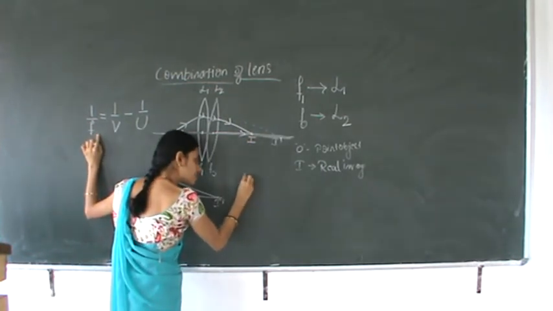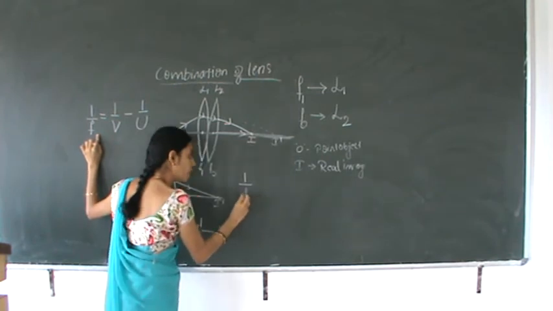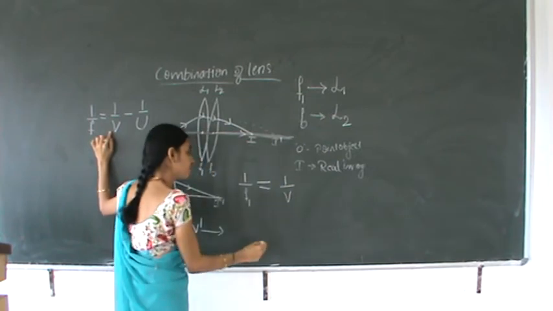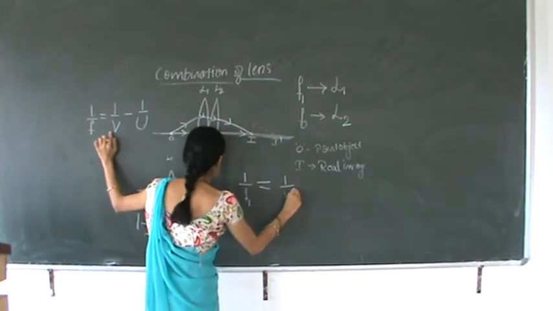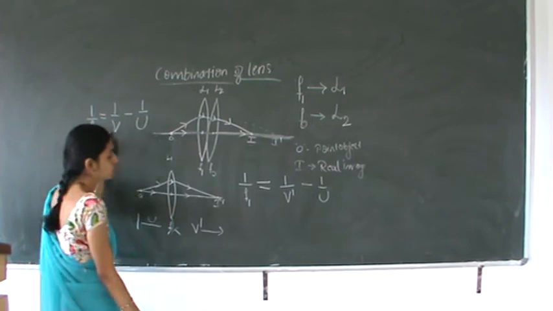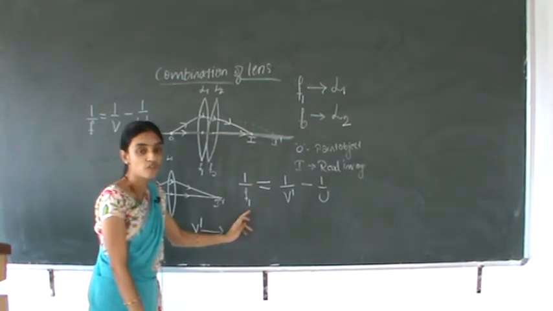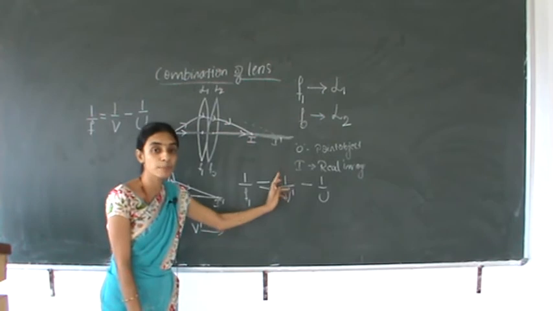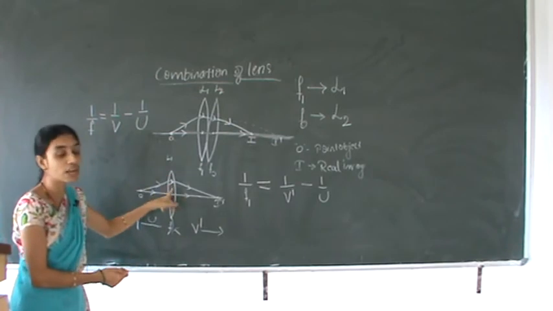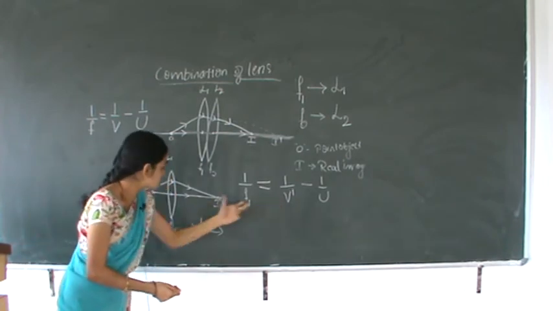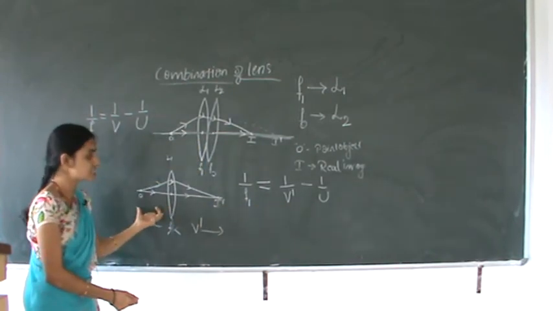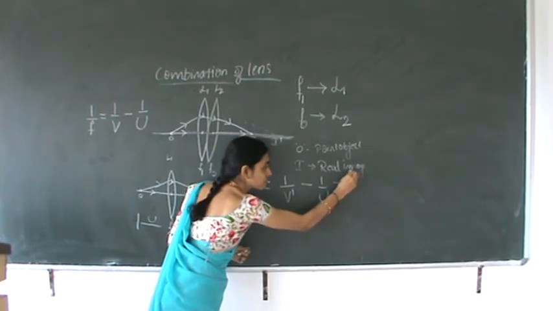I can write the equation 1 by f1 equal to 1 by v dash minus 1 by u. So f1 means the focal length of the lens L1, v dash means the image distance of the first lens, and u is the object distance. It's the first equation.